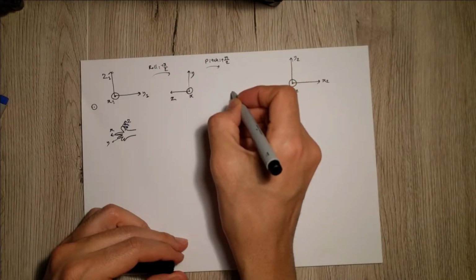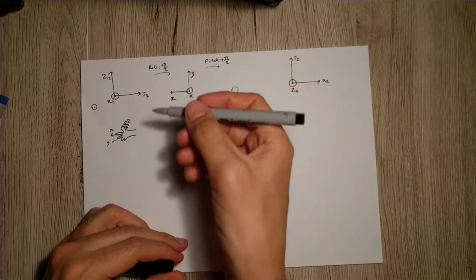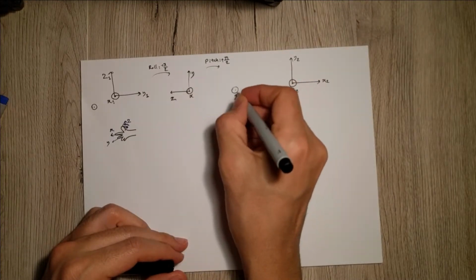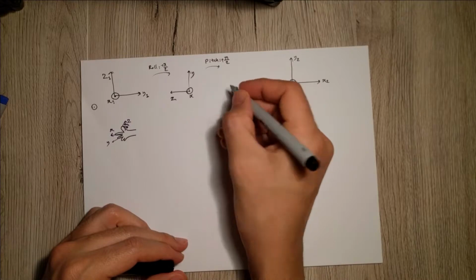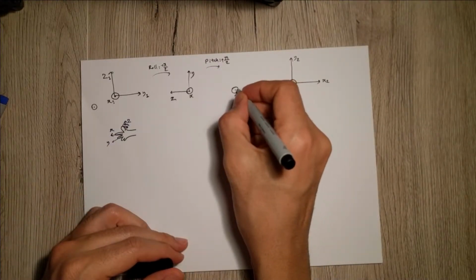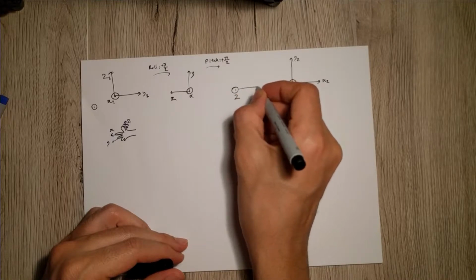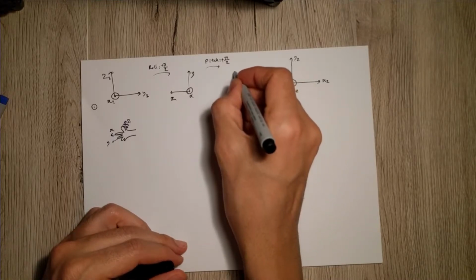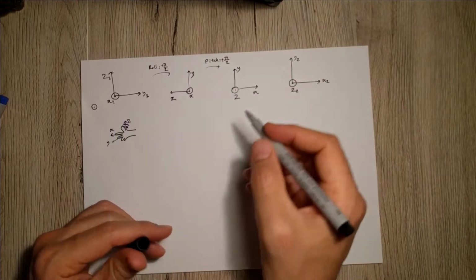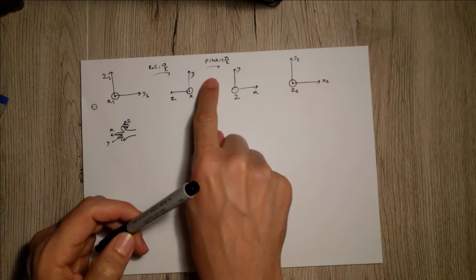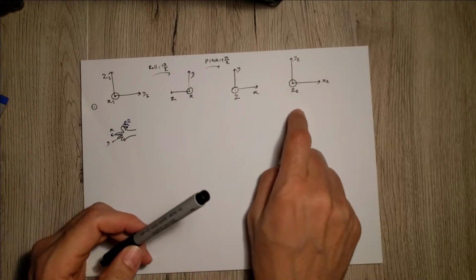Z is going to be perpendicular to the plane, and the direction is going to be outward from the plane. X is going to lay in this direction, and Y is going to be still the same. So basically I applied a roll and a pitch, and there is no yaw.